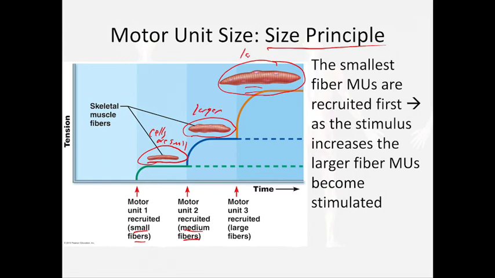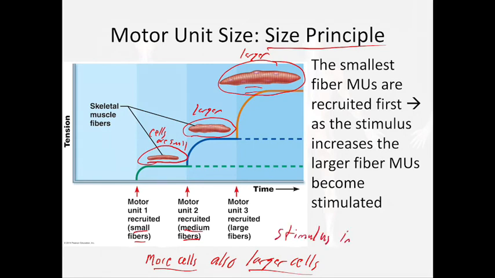So it's not only that we're using more cells, but also larger cells. And that's really the big deal with muscles: the larger it is, the more force it produces. So more cells and also larger cells as stimulus increases in strength.